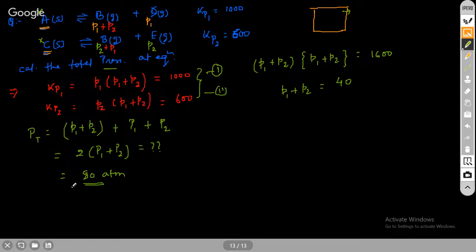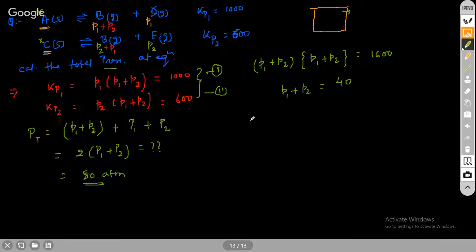P1 25, P2 50. Divide the equation, you'll get P1 by P2 is equal to 10 by 6. Okay, and then you calculate P1 plus P2 and then you substitute P1 plus P2 into this. Correct, that also you can do.